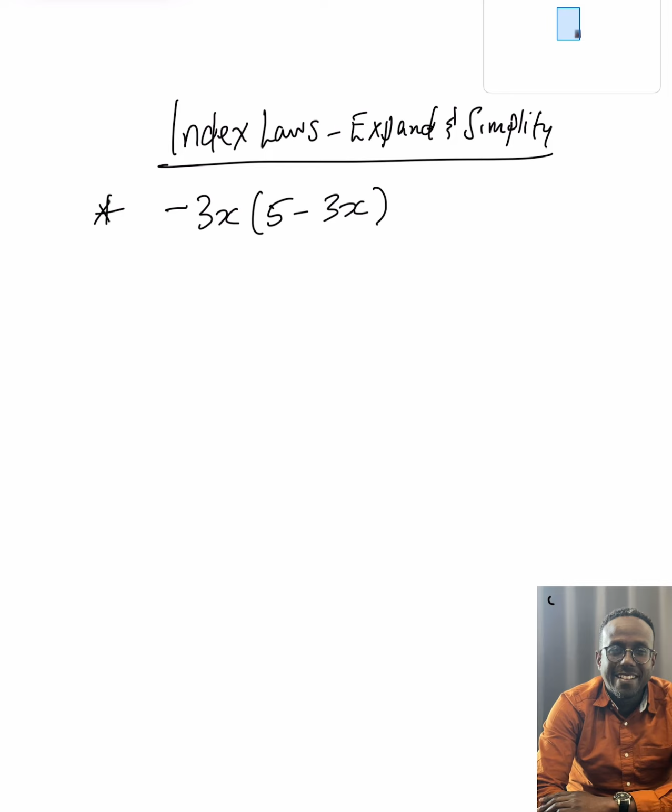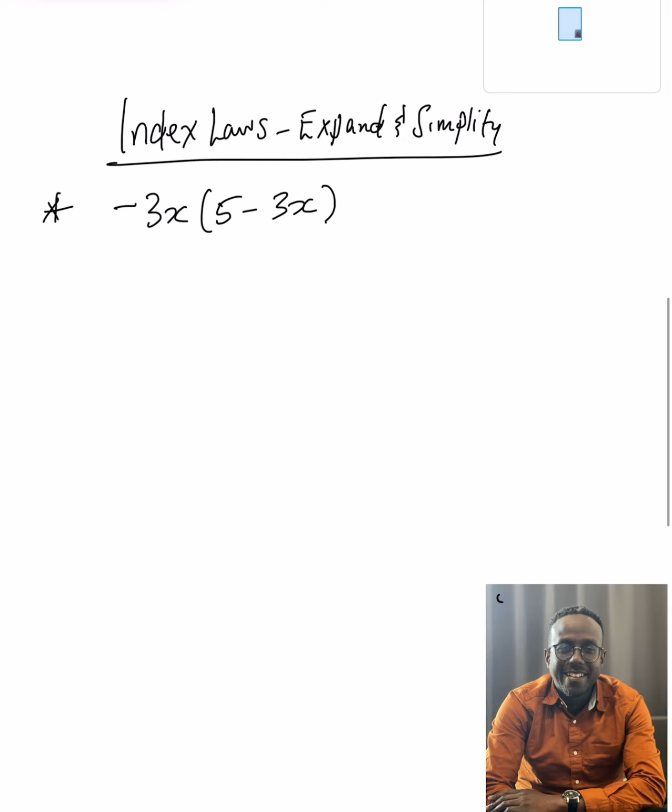What we need to do is multiply negative 3x by 5, and then also multiply negative 3x by the negative 3x. Please mind these operations. When you see minus here and minus here, we need to take account of them, because that's where at times things get messed up a bit.